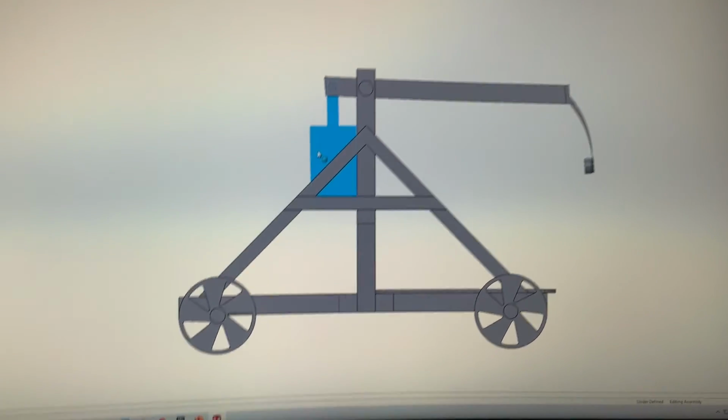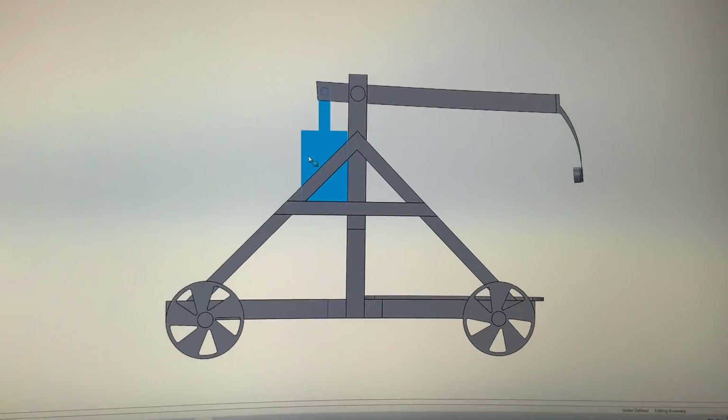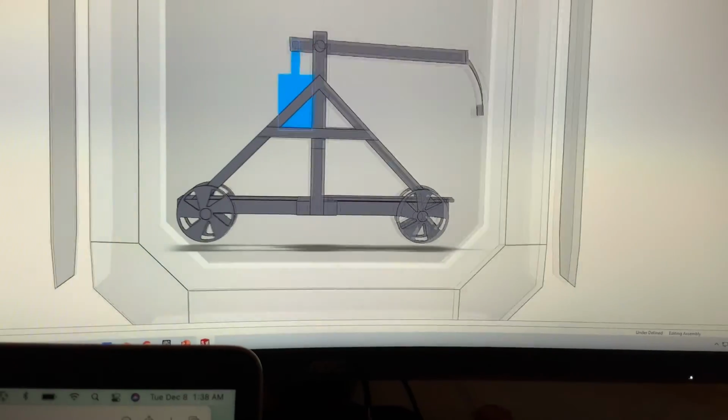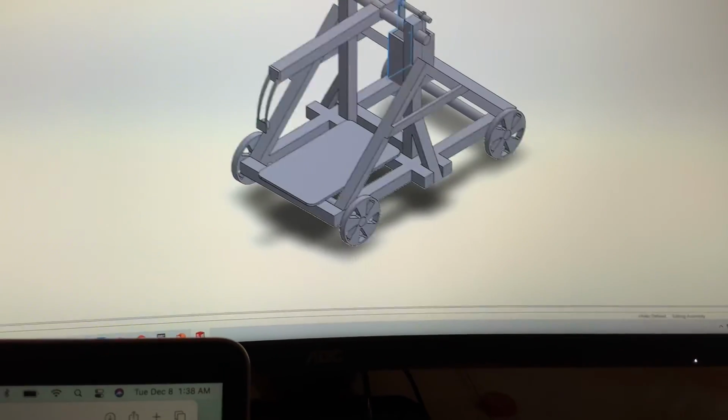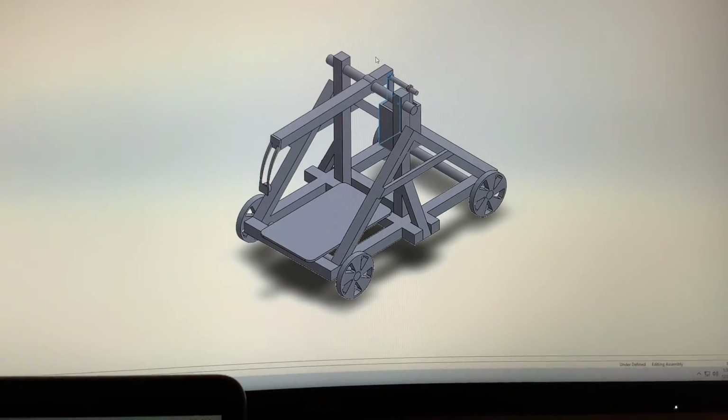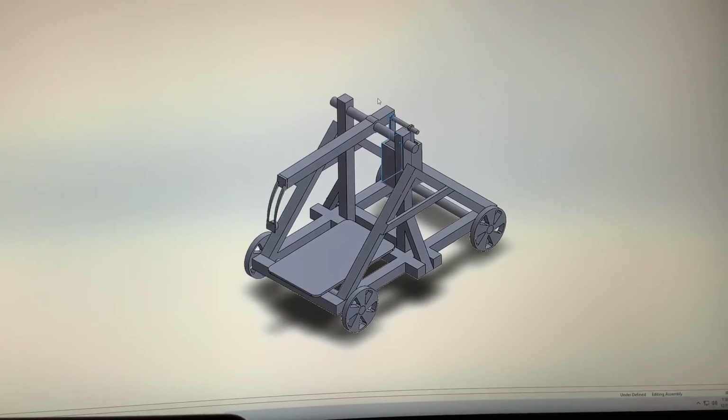Also, air resistance will greatly affect the range of the projectile. I'll open up a different view. This also has many supports to make sure it won't fall apart.